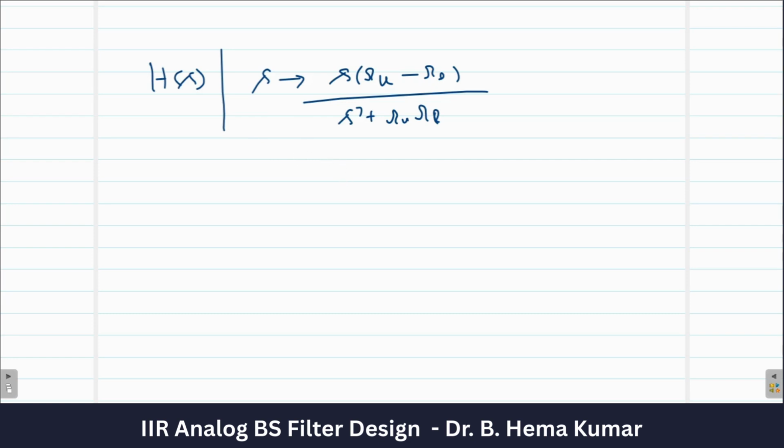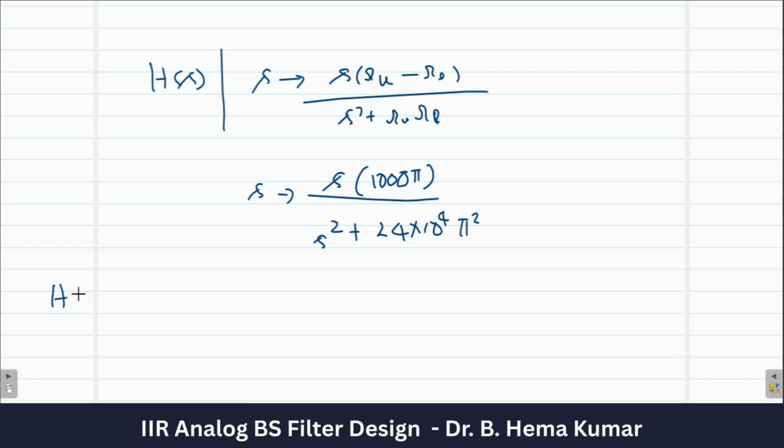Solving, omega u minus omega L is 1200 pi minus 200 pi, so it is 1000 pi, divided by S square plus omega u into omega L, which is 24 into 10 power 4 pi square. Wherever you have S, you need to replace it by this value.